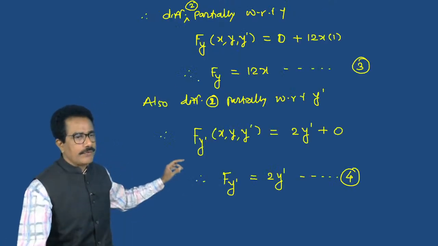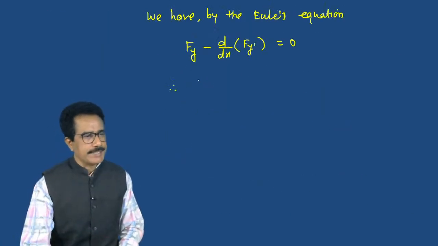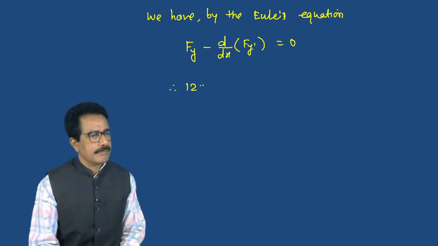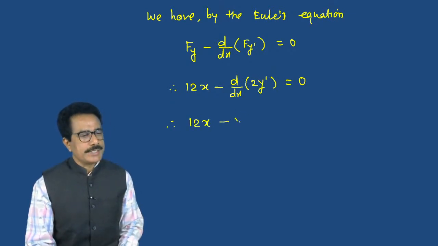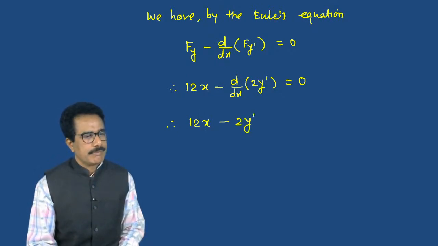Put the value of f suffix y, that is 12x, minus d by dx of f suffix y dash, that is 2y dash, equals 0. Again differentiating, 12x minus the derivative of 2y dash, which is 2y double dash, equals 0.